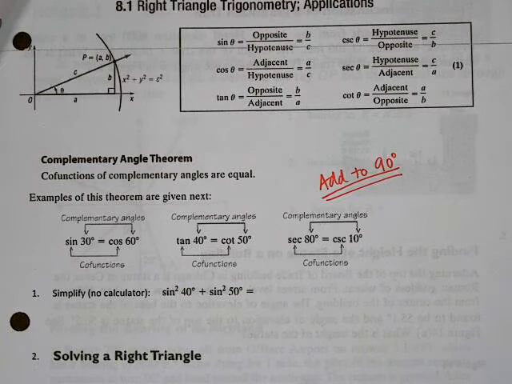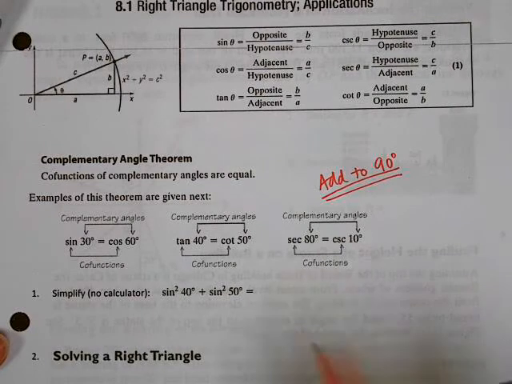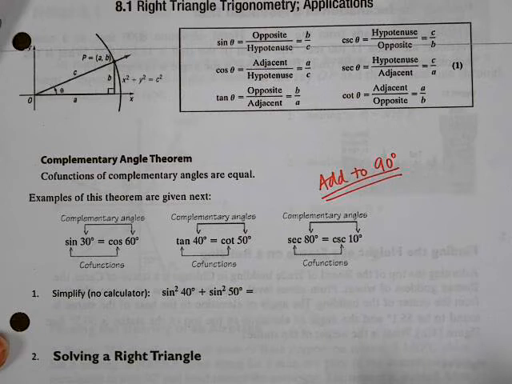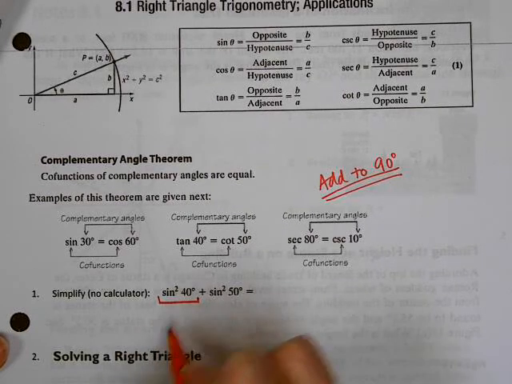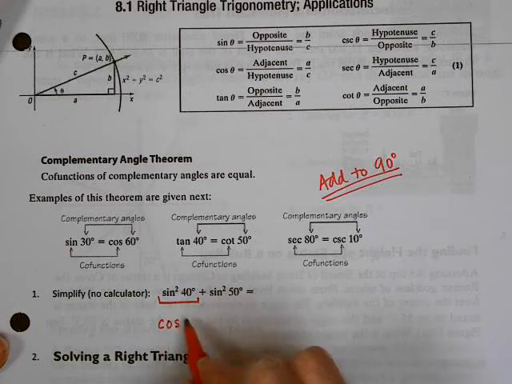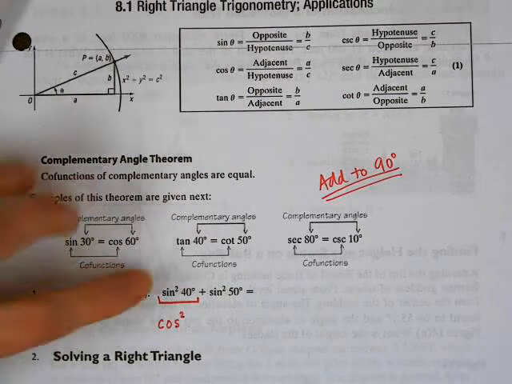Okay, so now let's use the theorem. If you were given this problem, no calculator, and we learned on a test that you cannot just add 40 and 50 and make it 90. So let's see how we can apply this theorem. Would you agree that sine and cosine, and I'm just going to do squared, are cofunctions?